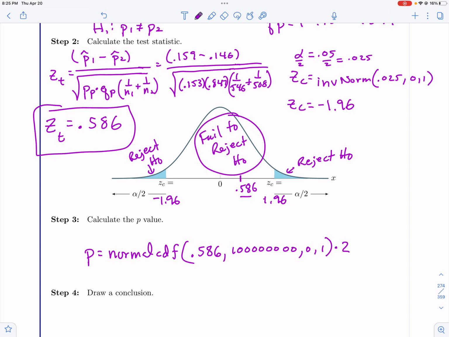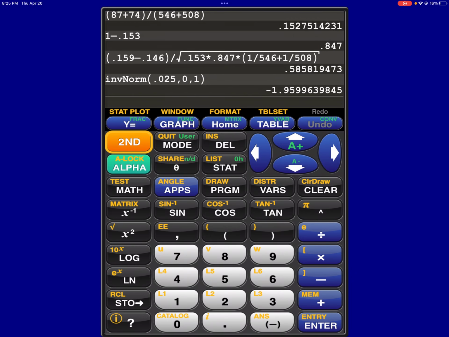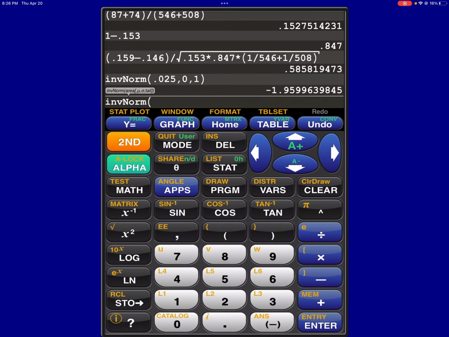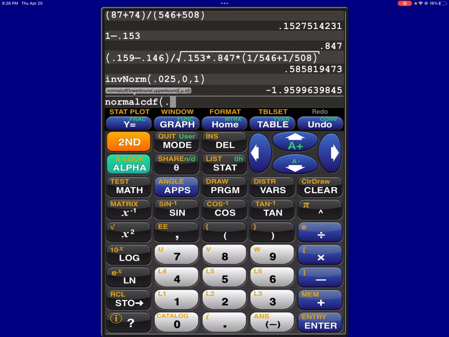And so now let's type this in the calculator to see what we get. Oops, not inverse norm. 0.586, comma, some ridiculously big number, comma, 0, 1.